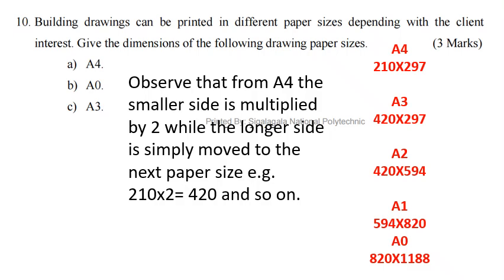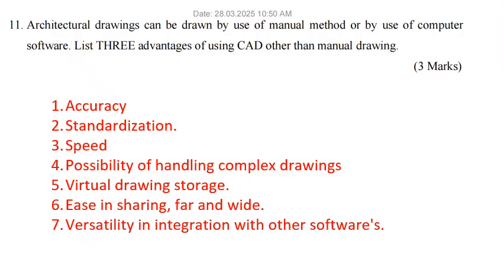That's a simple method of remembering these paper sizes, and we can generate paper sizes from A4 up to A0. Question number 11, I think this must be the last question. Architectural drawings can be drawn by use of manual method or by use of computer software. List 3 advantages of using CAD other than manual drawing.